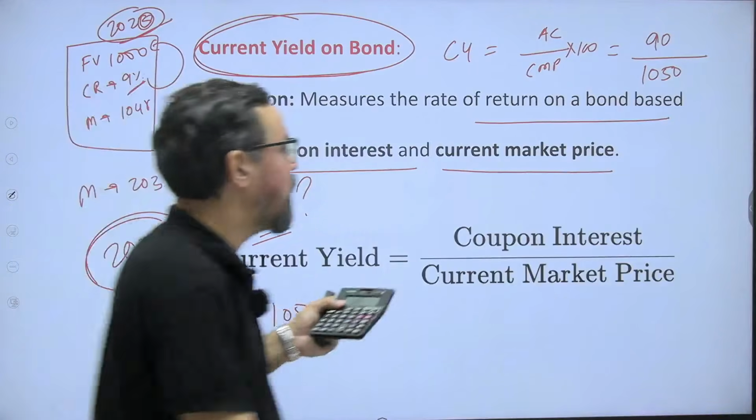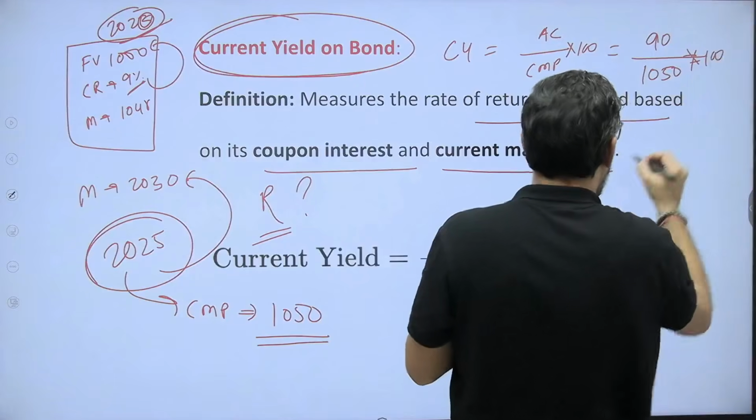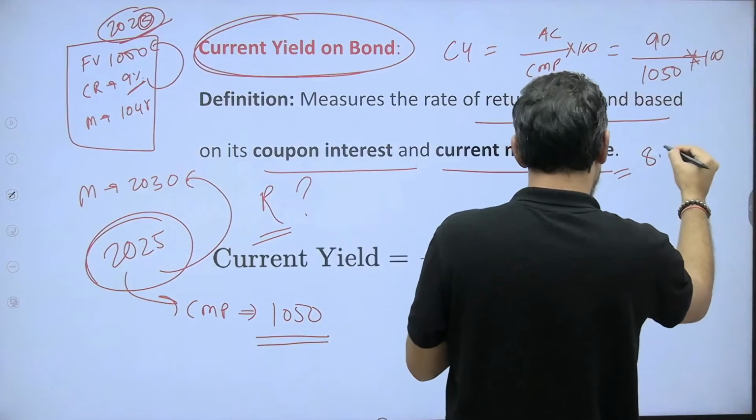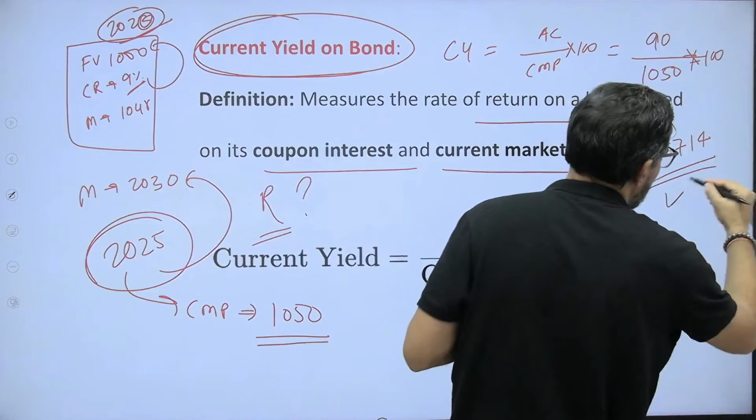So your current yield is equal to 8.5714. This is your answer for this particular question.